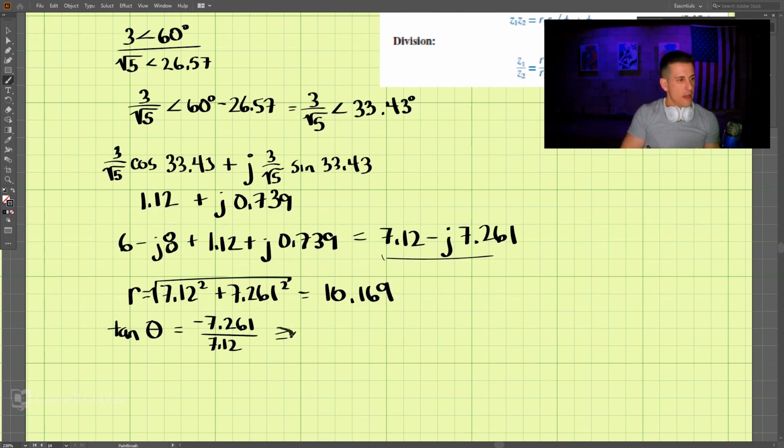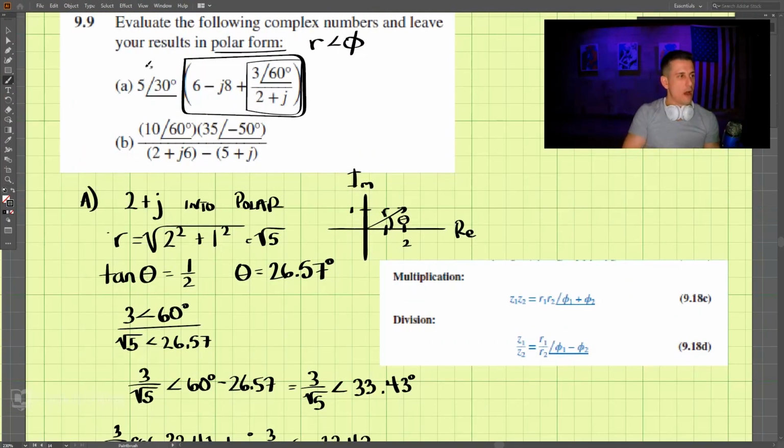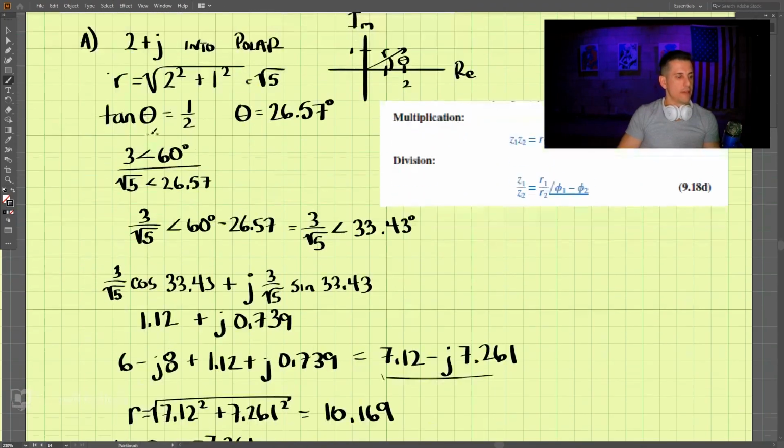And this value here, theta, comes out to be the inverse tangent of 7.261 divided by 7.12, which comes out to be negative 45.56 degrees. Okay. So now we have this in polar form, and we can now multiply.